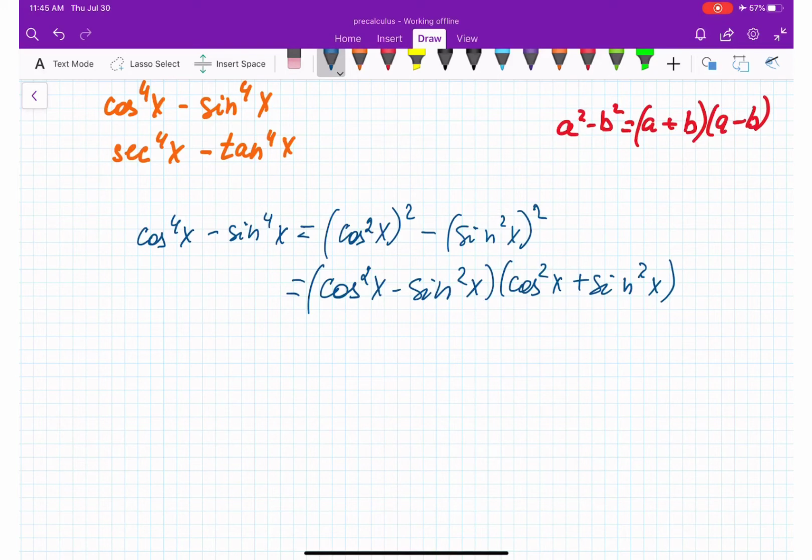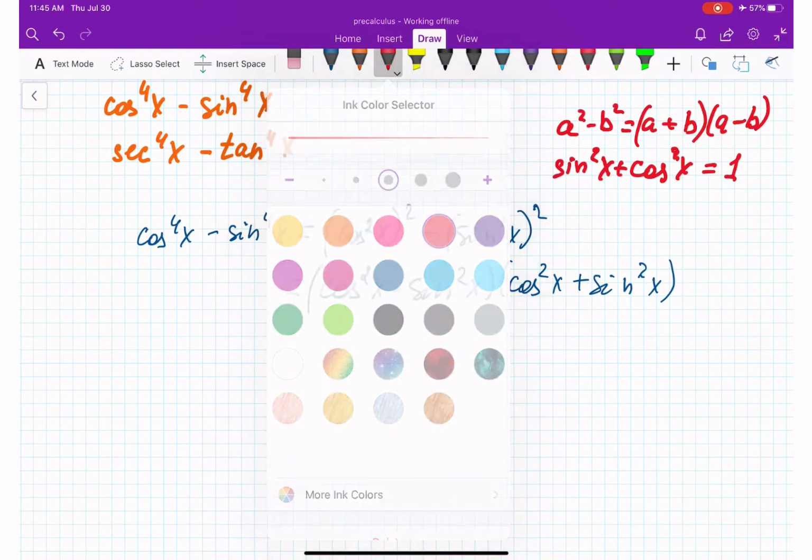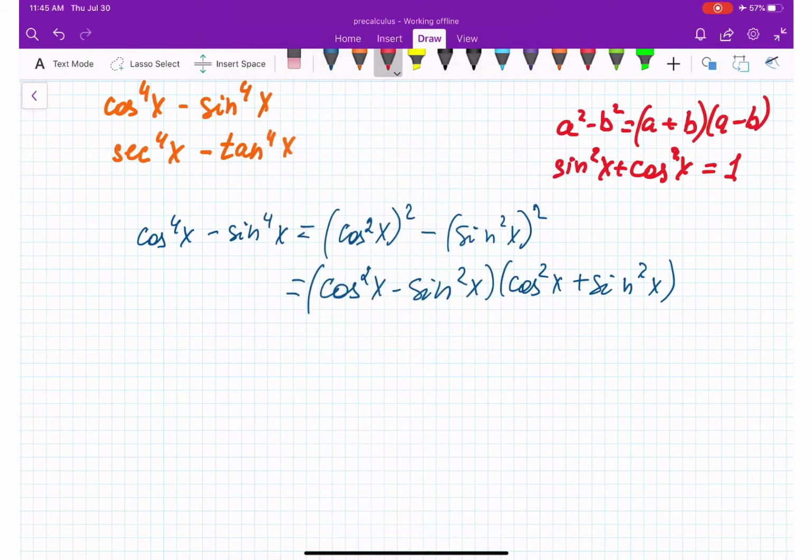Based on the Pythagorean identity, we know that sine squared x plus cosine squared x is equal to 1. And I'm going to use this, which means this term is going to be equal to 1.